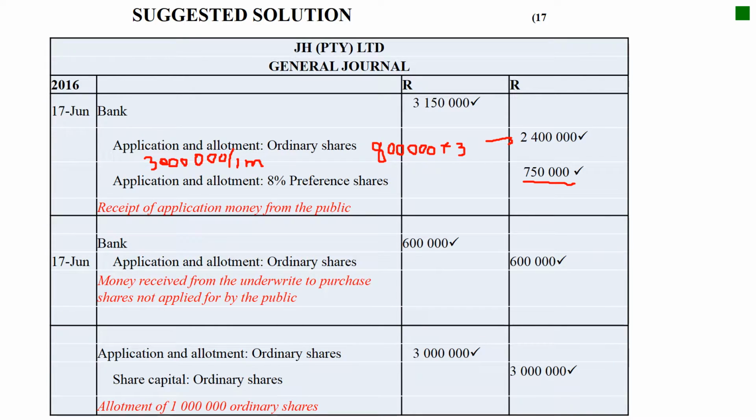Then we say this is the receipt of application money from the public. So if we add the two, 750,000 plus 2,400,000, that gives us a total that we received in our bank account of 3,150,000.